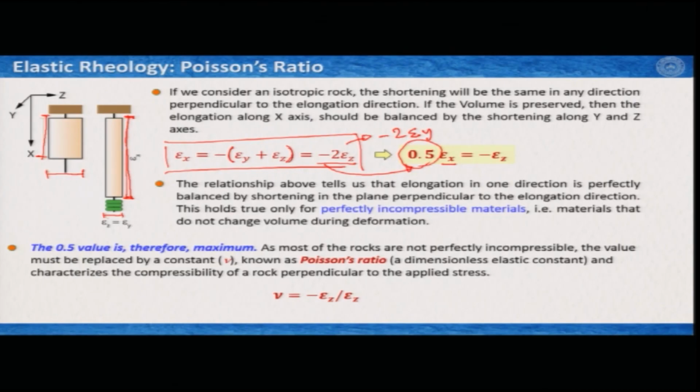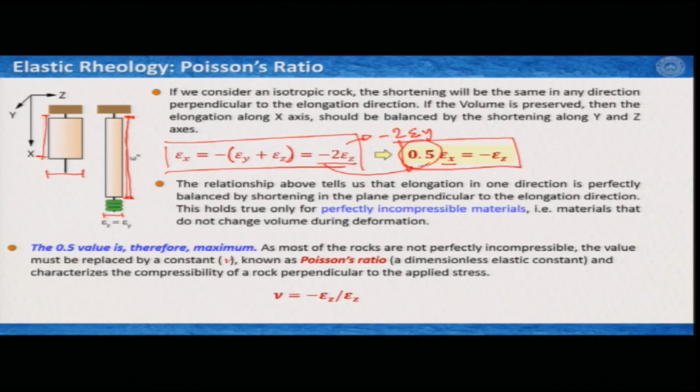So, this relationship 0.5 epsilon x equal to minus epsilon z, this tells us that elongation in one direction is perfectly balanced by shortening in the plane perpendicular to the elongation direction, and when that happens, then we call it perfectly incompressible material. That is, the materials that do not change their volume during deformation. So, therefore, if you have your volume constant, that 0.5 value is therefore maximum, right.